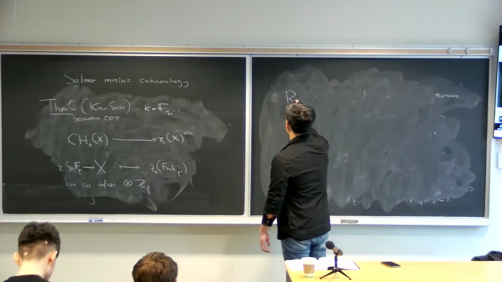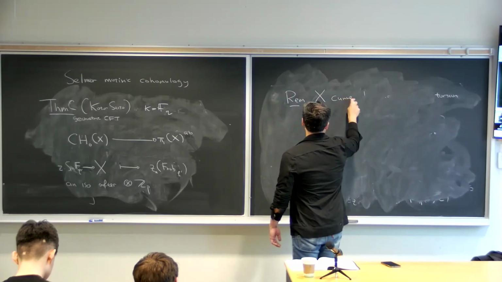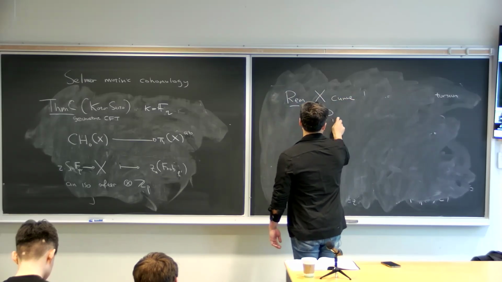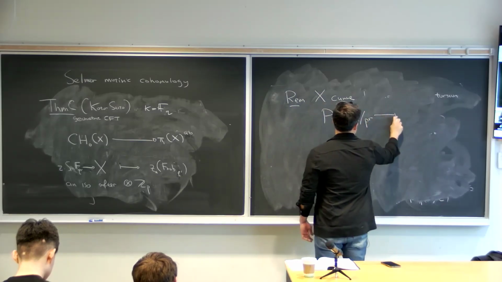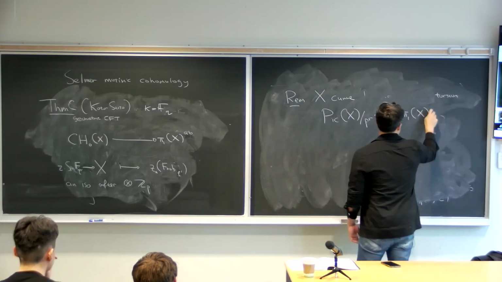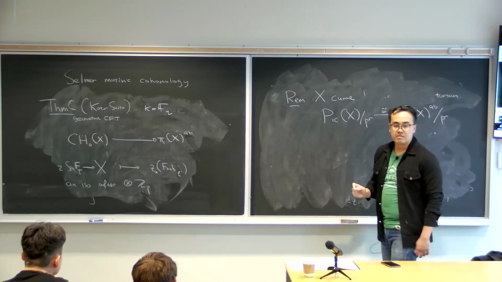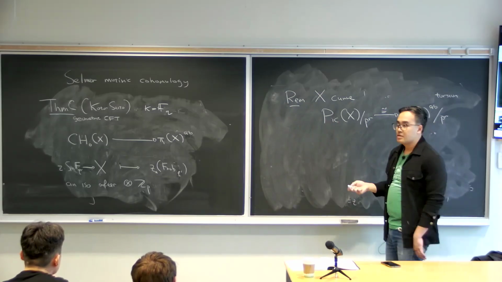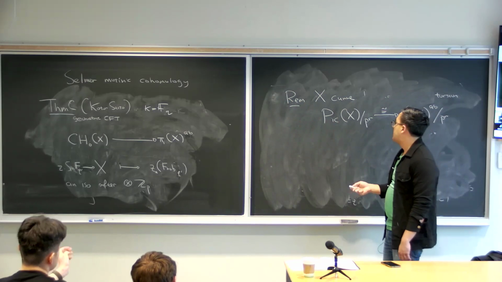So let me make a remark. When X is a curve, people usually write something like this: CH_0 of X mod p^r is isomorphic to π1 of X abelianized mod p^r. It's an isomorphism. Is it q prime to p, or is q the power? Yeah, exactly.